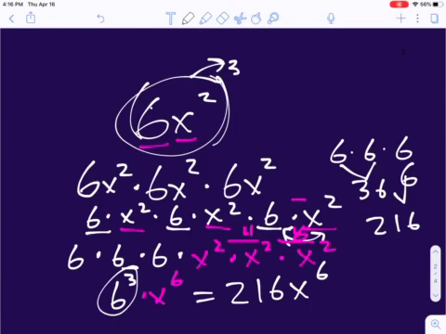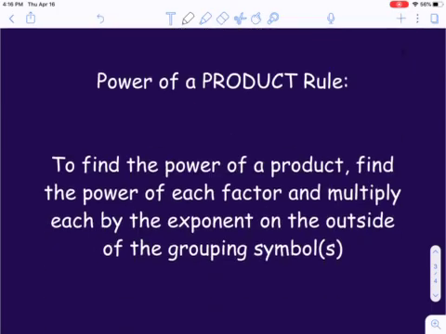Now, this is great that I did this, but the reality of the situation is that I don't want to have to do that if it's something really big or something that contains a lot of terms. So there must be a better way to do this, and guess what? There is.